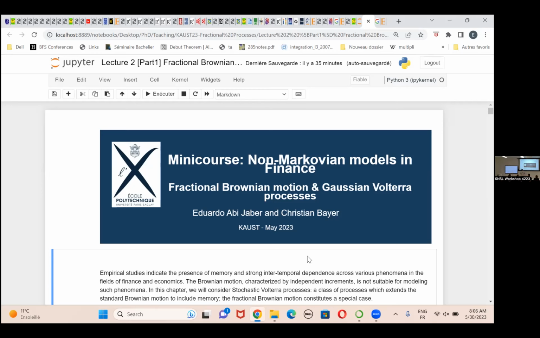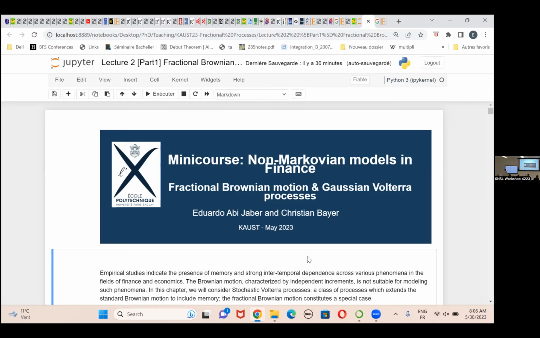Another way to see it is simply to say that things are happening at different timescales, right? And at least by the end of this first part, I'll try to convince you that there's a link between multiple timescales and non-Markovianity, and also fractional Brownian motion.